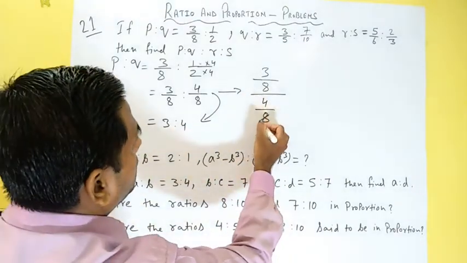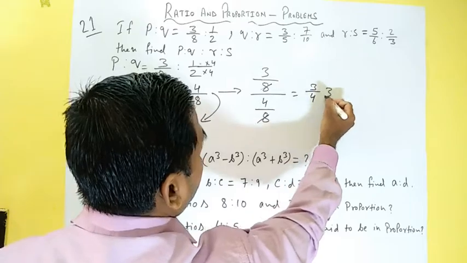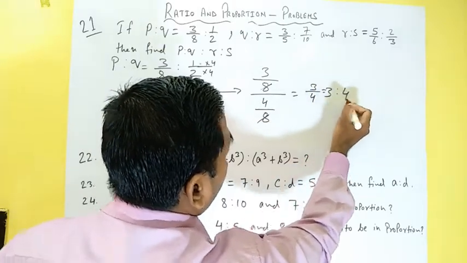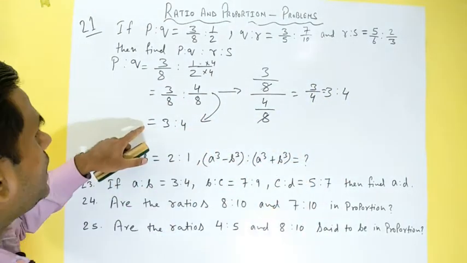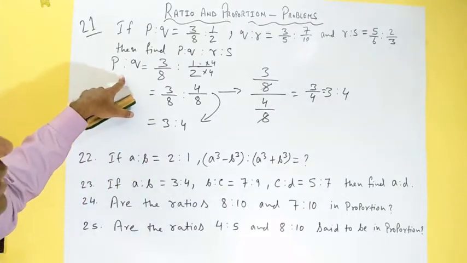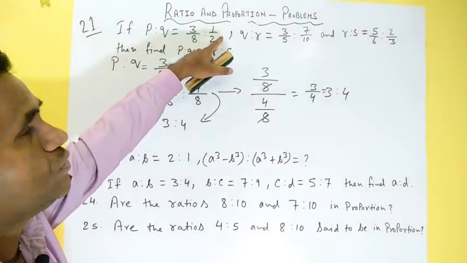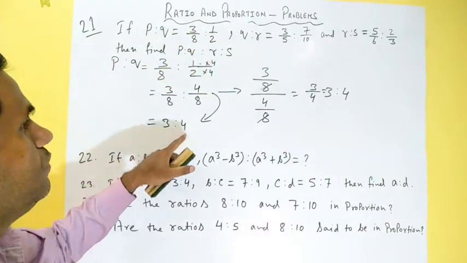So we can cancel this 8 and this will become 3 upon 4. So 3 upon 4 can be written as 3 is to 4. So that's why directly I wrote 3 is to 4. So this is for P is to Q. Okay, what is given? 3 upon 8 is to 1 by 2. We found 3 is to 4.